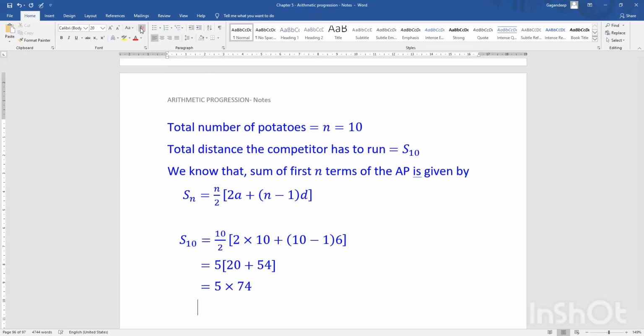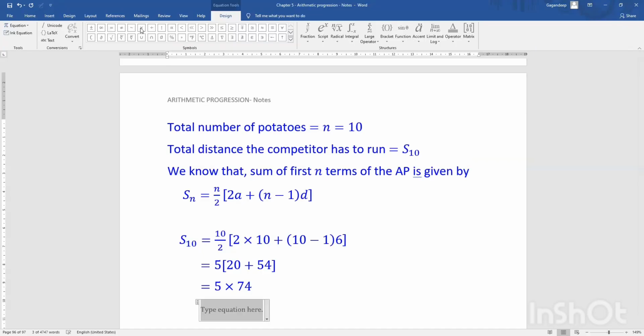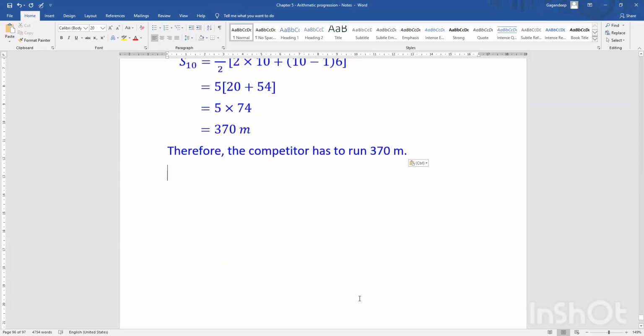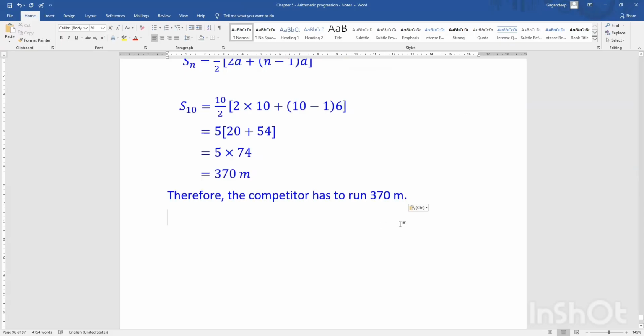It is nothing but 370. So therefore the competitor has to run 370 meters.